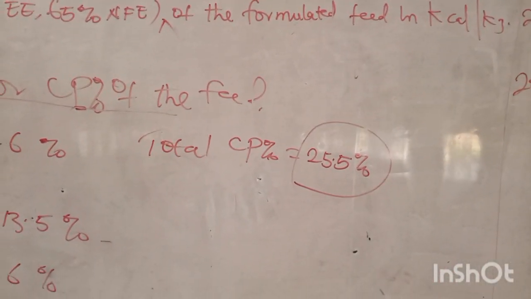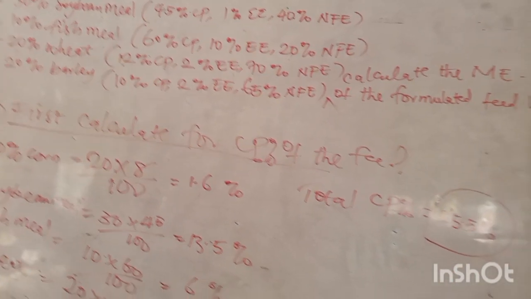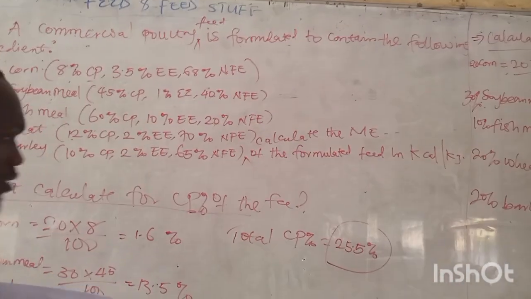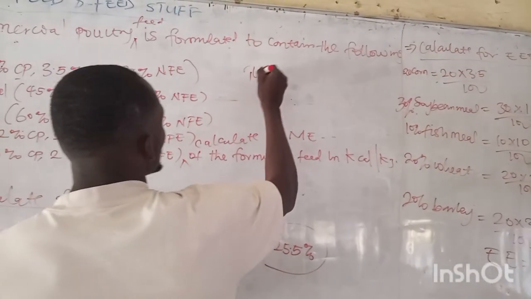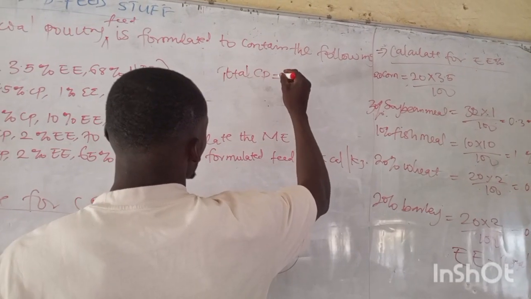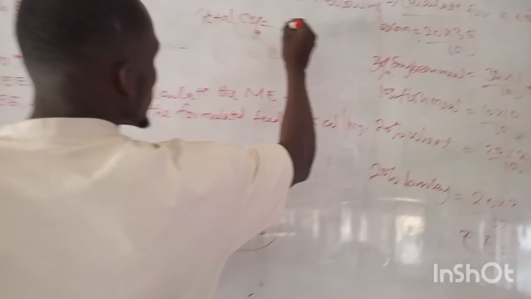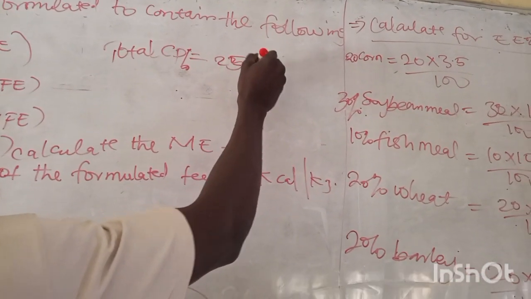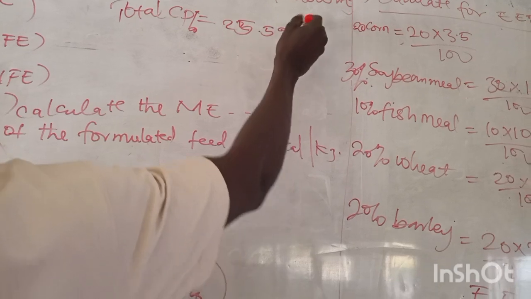Alright, so where do I clean now? Okay, let me put this here so that I will not forget. Total CP is equal to, remember, I'm just putting this one, 25.5%.